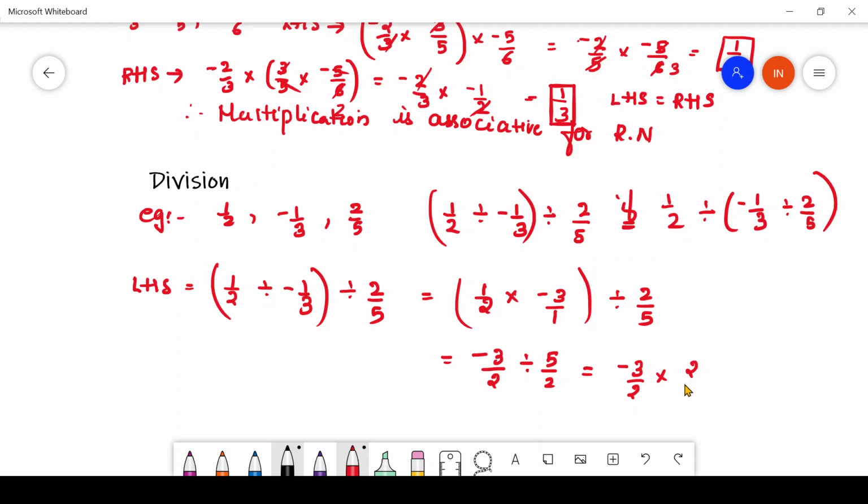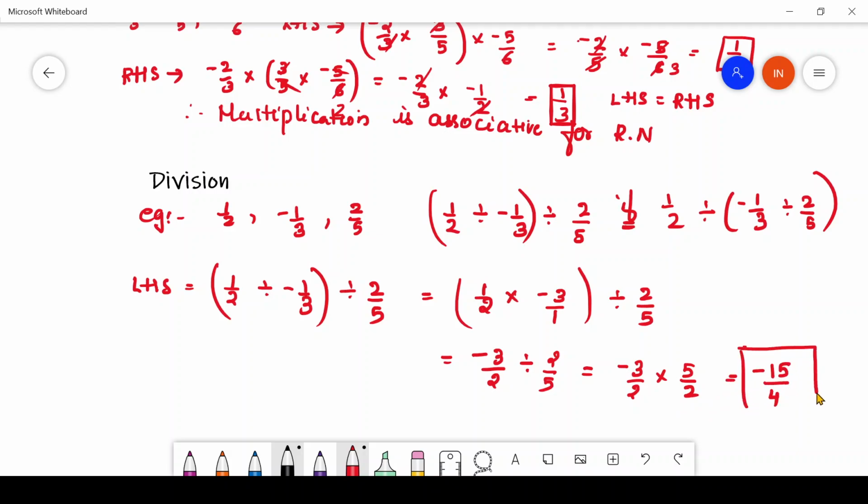So this part will come as 5 by 2, right? Yes, so you will get the answer as negative 15 by 4.